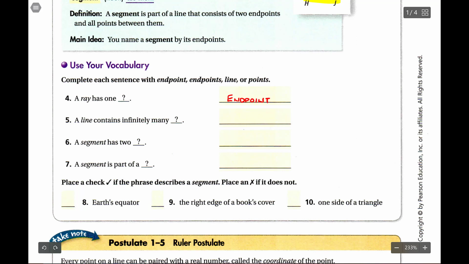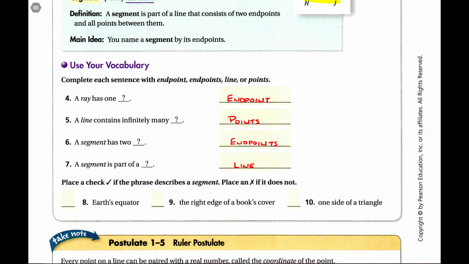A line contains infinitely many points. And a segment has two endpoints. That's what we looked at earlier. A segment is part of a blank, and that would be a line. A segment is a part of a line.